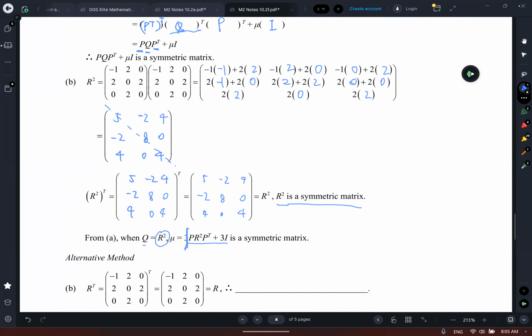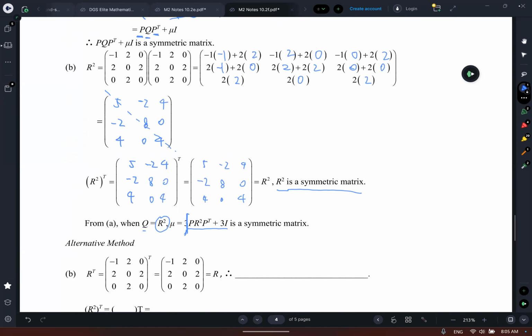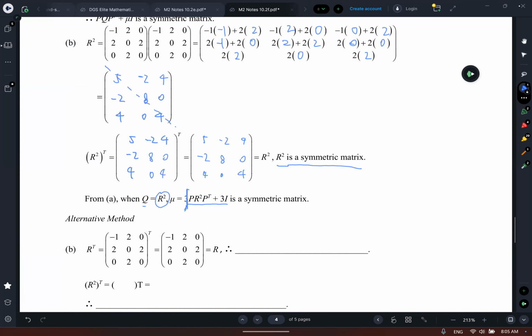Okay. Now, in this question, there is an alternative method because we know R itself is symmetric. The first step, I can prove that R itself is symmetric. RT equals itself. So R is symmetric.